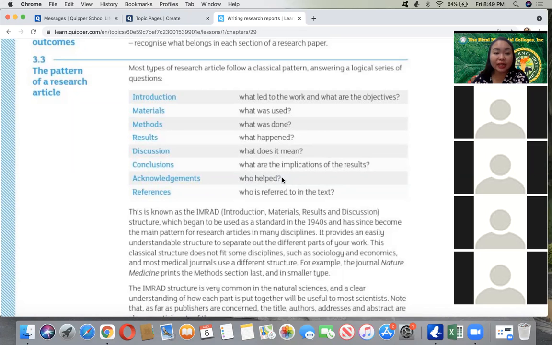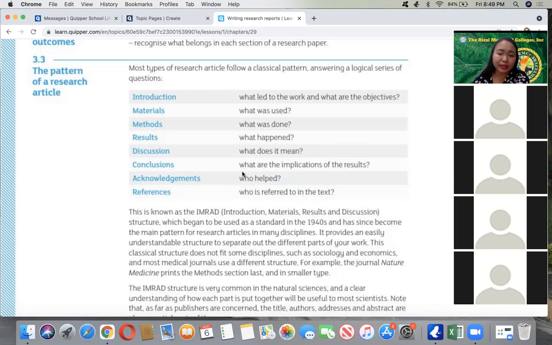But here in the IMRAD pattern, acknowledgements are for funding agencies or critics, authors or editors whom you did not include as authors, but who have imparted something to your research paper.